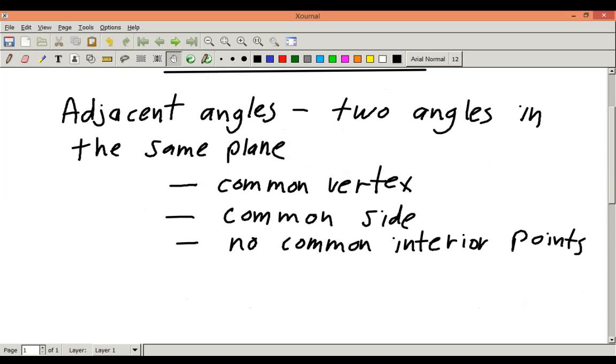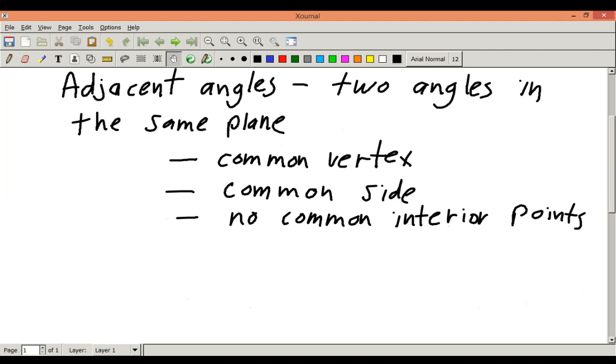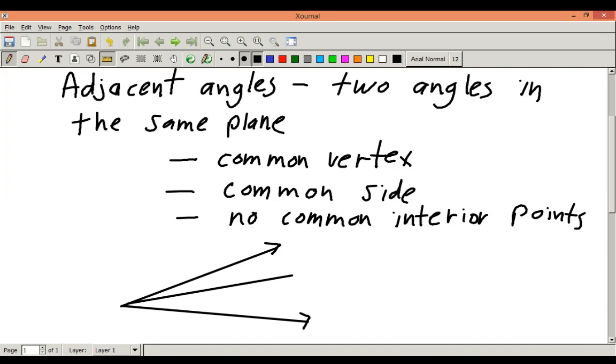So an example of two adjacent angles will be the following. So we got angle 1 here and angle 2 here.